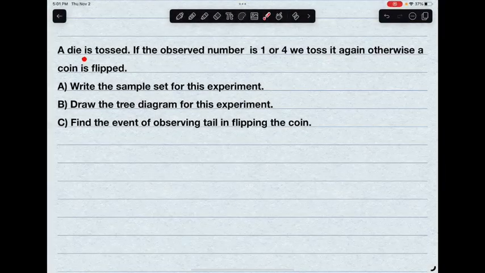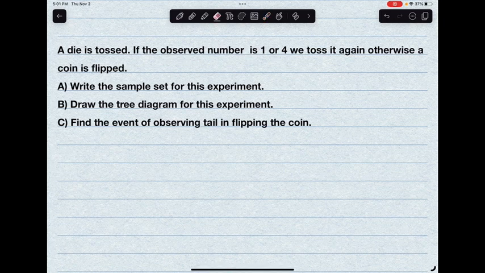A die is tossed. If the observed number is 1 or 4, we toss it again, otherwise a coin is flipped. Okay, so what is this experiment? It has two parts. The first part is tossing a die.